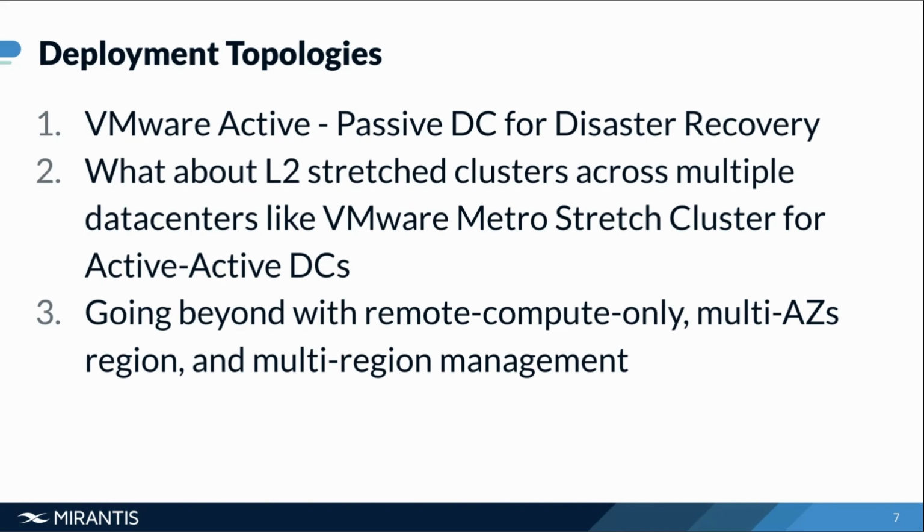And you use a separate VMware product called Site Recovery Manager, whereby you would be able to bring up virtual machines from one data center to another data center, either using a software-defined storage replication or external storage replication mechanisms that are available from storage vendors. That is one way of deploying a VMware-based active passive data center, right?